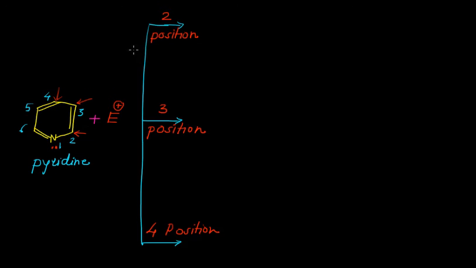When we do the electrophilic substitution at position 2, we can write the resonating structure like that. Here you can see that the electrophile will come at position number 2. The lone pair of electrons is present on this nitrogen.